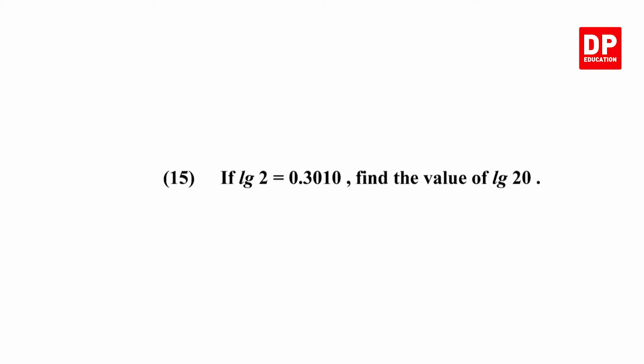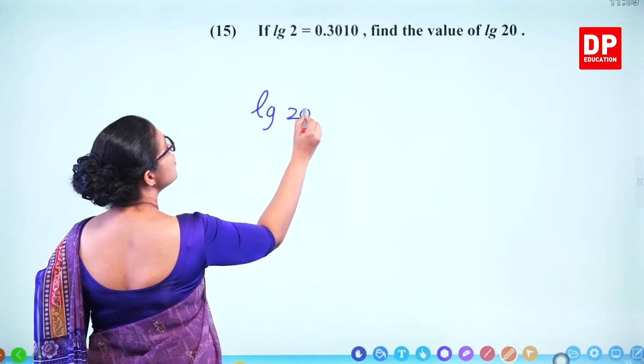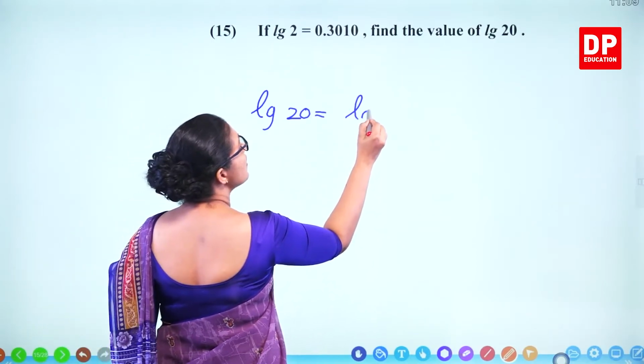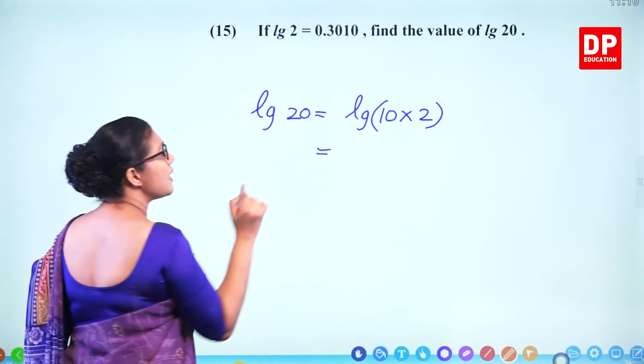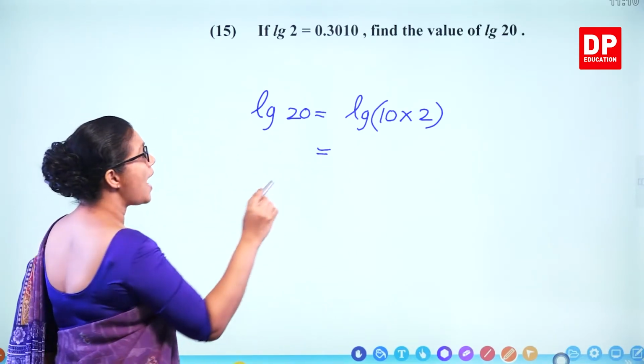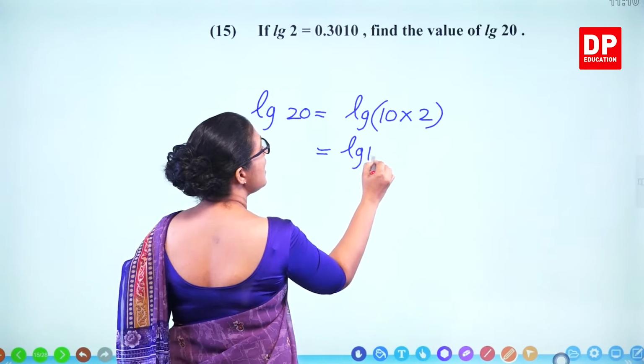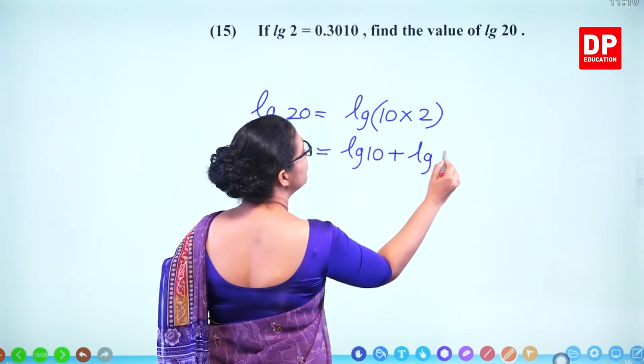Question number 15. log 2 is 0.3010. Find the value of log 20. How can you write log 20? 20 you can write 10 times 2. We know multiplication of logarithms becomes addition. log 10 plus log 2.